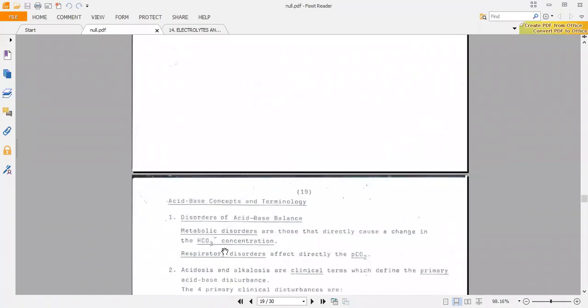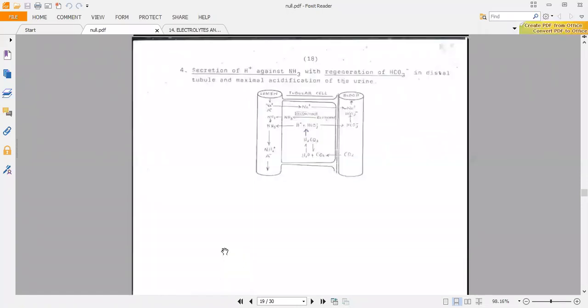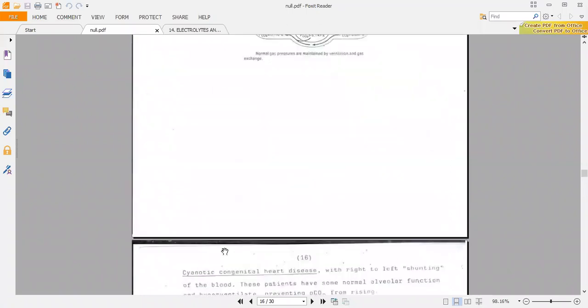If, for example, you have a condition like metabolic acidosis, which I'll explain later on, what will happen is that your lungs have to breathe out, or you breathe out carbon dioxide.